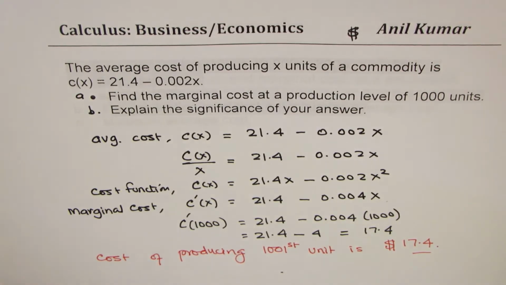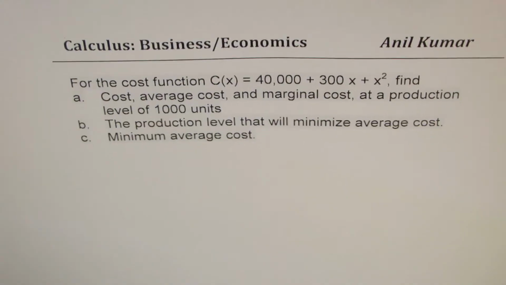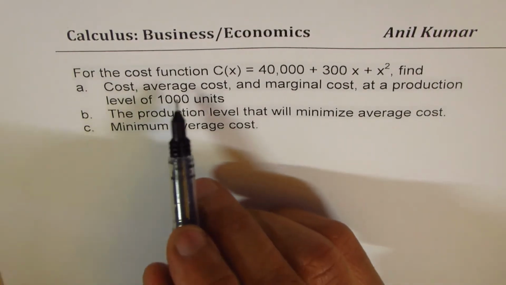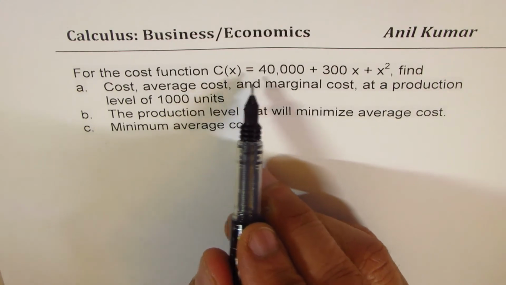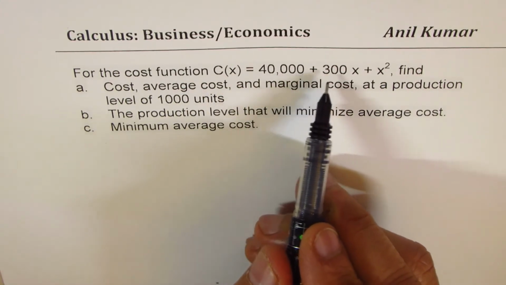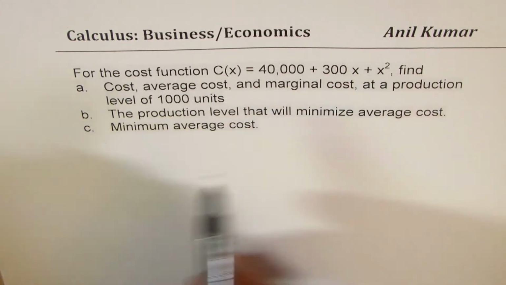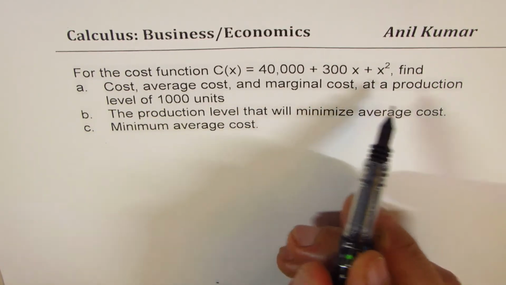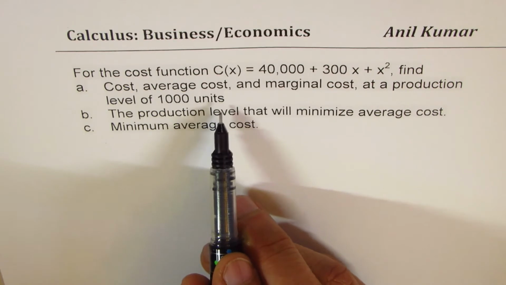Let's move on and take the last question. Now here is the last question of this video. For the cost function capital C of x equals 40,000 plus 300x plus x squared, find cost, average cost, marginal cost at a production level of 1000 units.